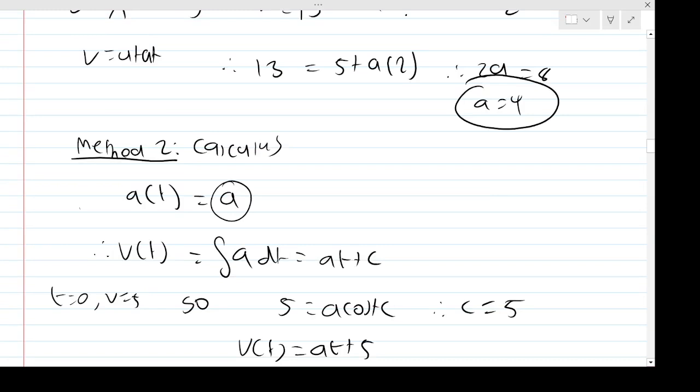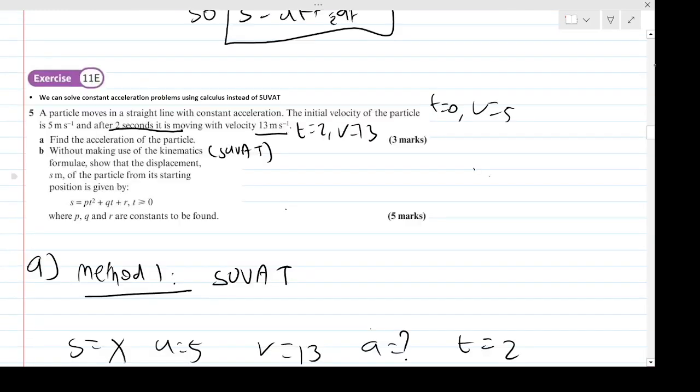Now, there's also a sort of hidden implied condition that the initial displacement is 0, right?